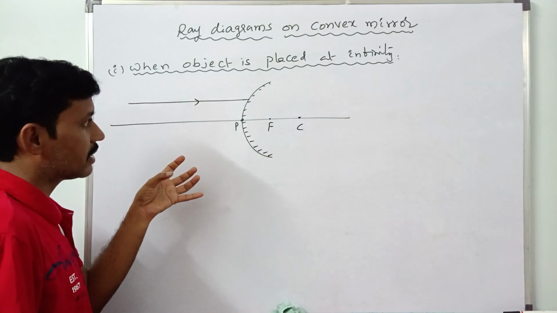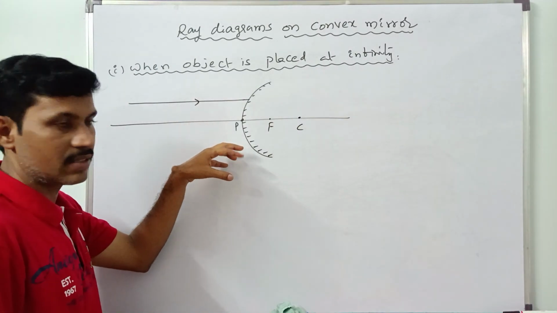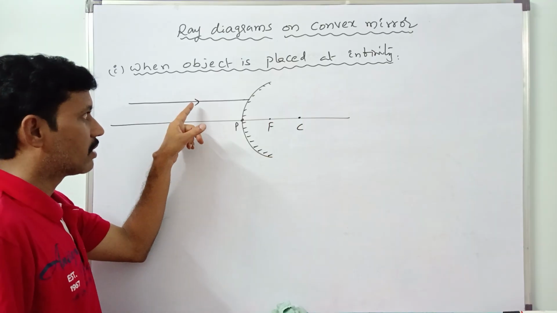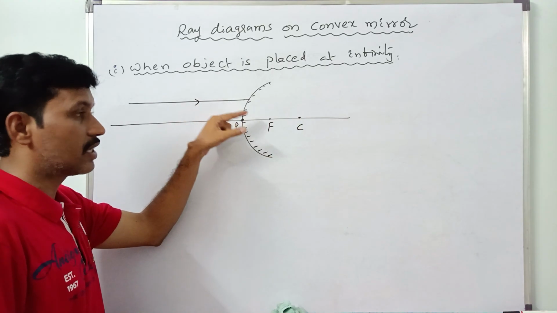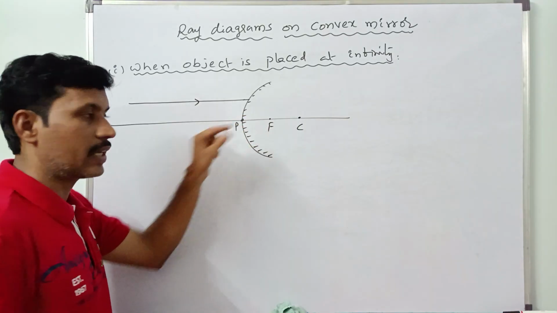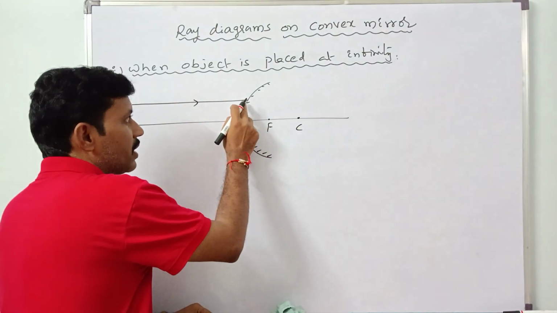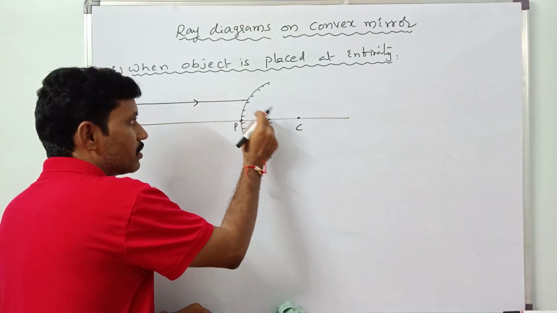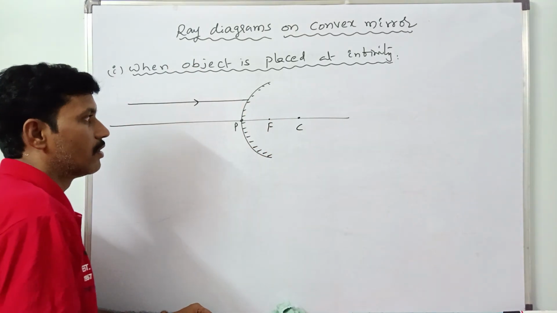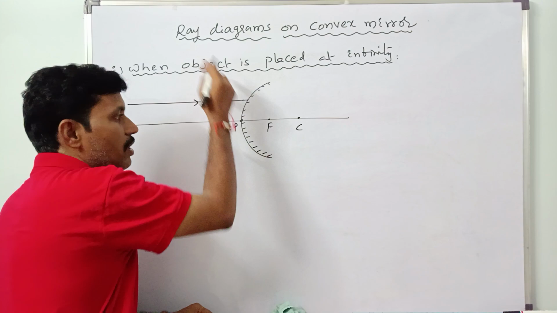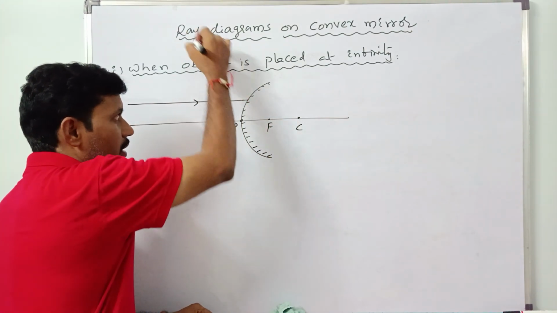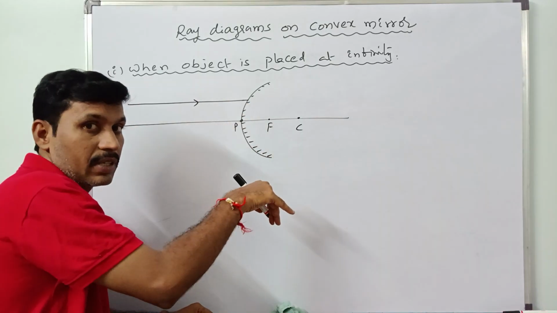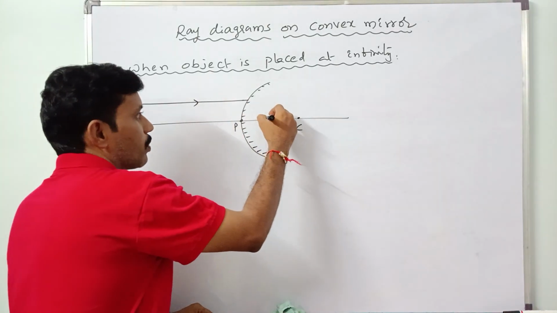But in case of a convex mirror, the parallel ray incident on the convex mirror, after reflection, appears to diverge from the focus point. Actually it is reflected back like this, but it appears to diverge from the focus point.